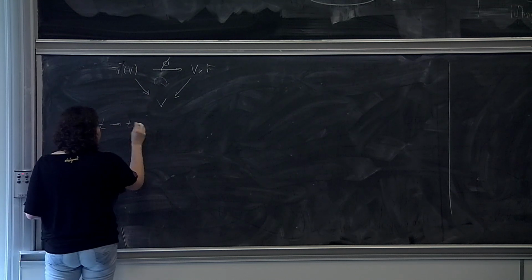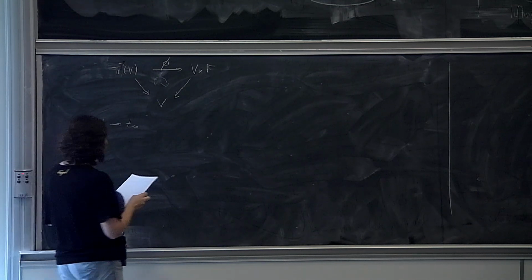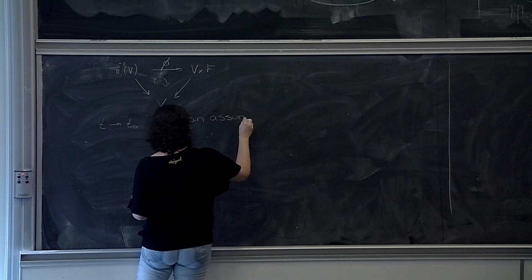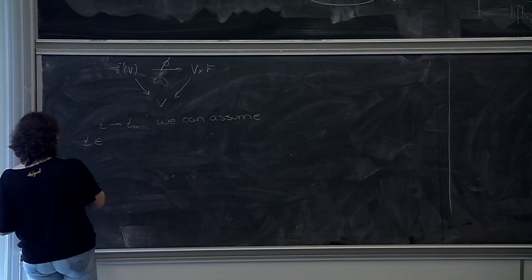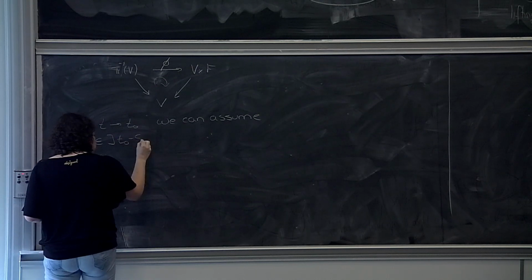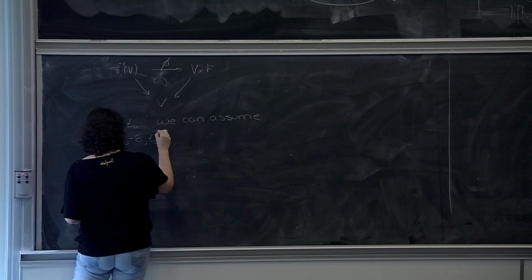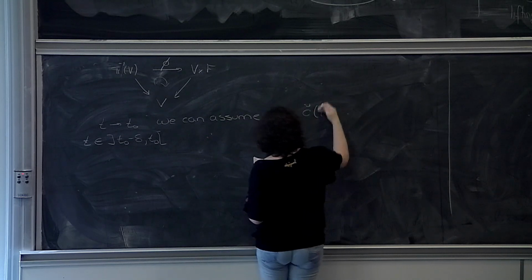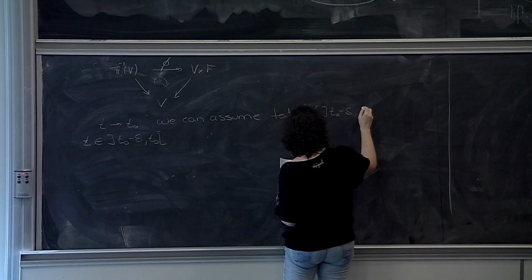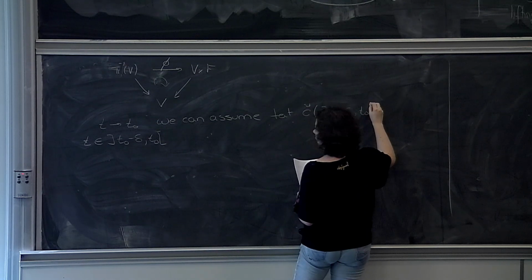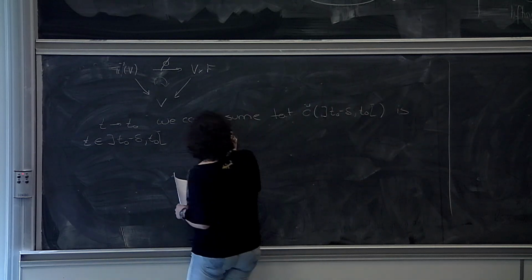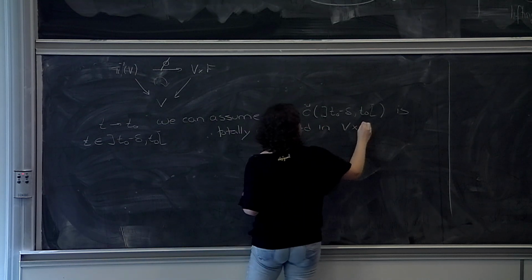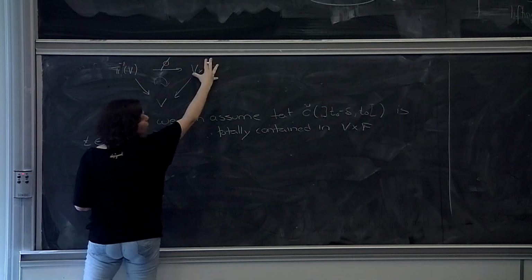And when I make t converge to t0, by means of phi, we can assume, so I will say here that t belongs to (t0 minus a certain delta, t0). Okay, so we can assume that C tilde of this interval is totally contained in V times F. Okay, so instead of looking here, I'm going to look here.